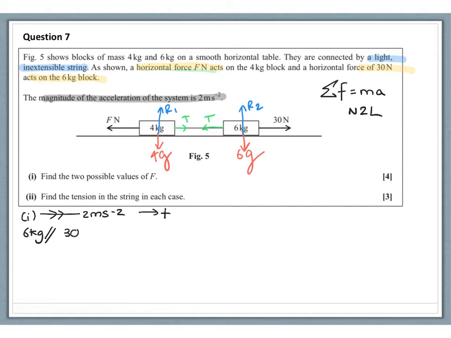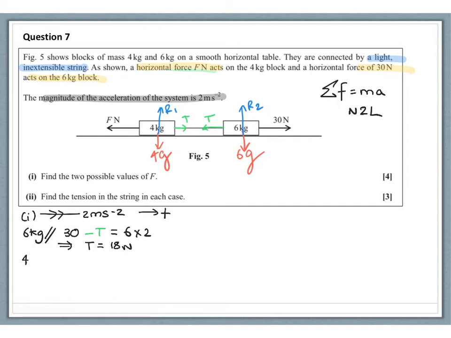So we have 30 newtons to the right, T to the left, which equals the mass, 6, multiplied by the acceleration of the system, which is 2. So from here, we can work out the value of T straight away, which comes to 18 newtons.